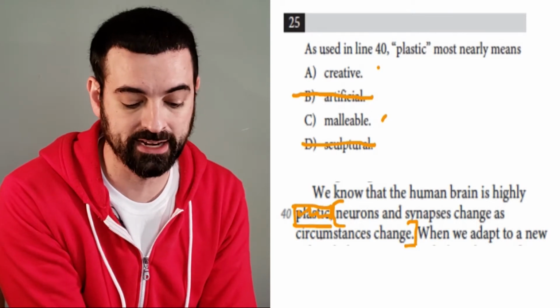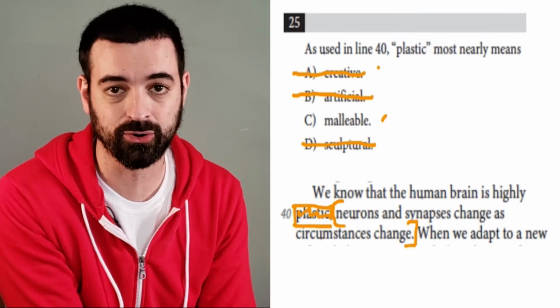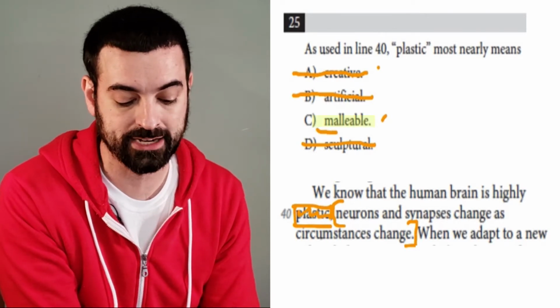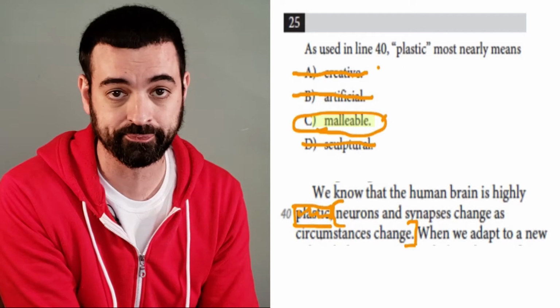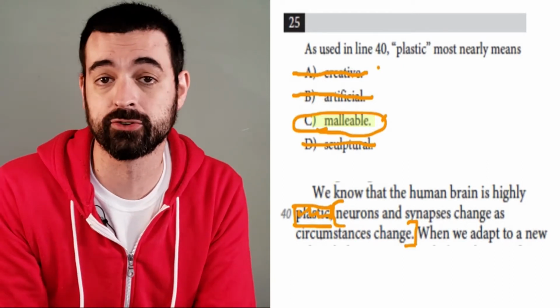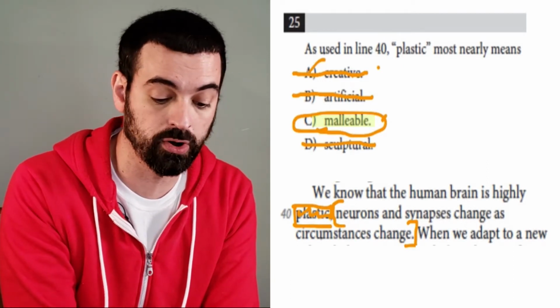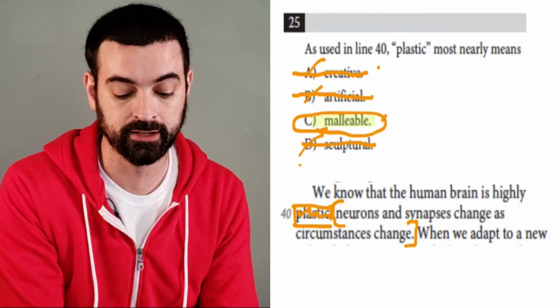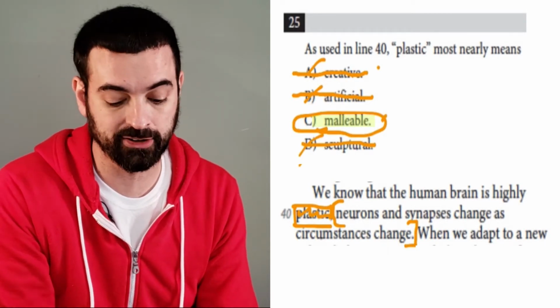In the case of creative, we had to build a backstory in order to make that even remotely fit. The word malleable actually means changeable. You don't need to know that in order to get this right. You just need to walk away from the other 3 bad answer choices and know that the correct vocabulary answer would involve change. Let's do one more just to get a little bit of practice in.